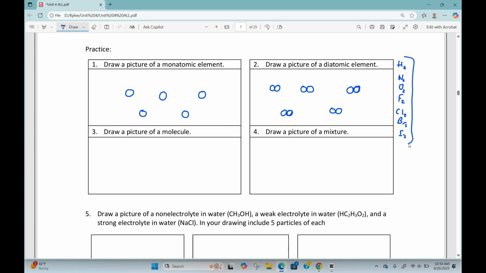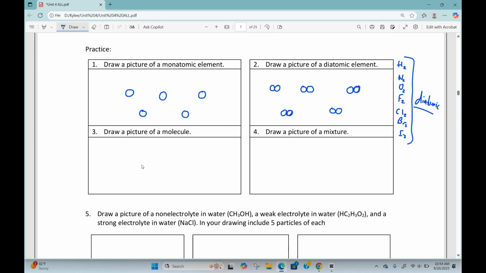Those are our diatomics, and that means that when they're by themselves, they're a diatomic element. When they're bonded to a different element, then we would need to do things like draw a Lewis structure or balance the charge.